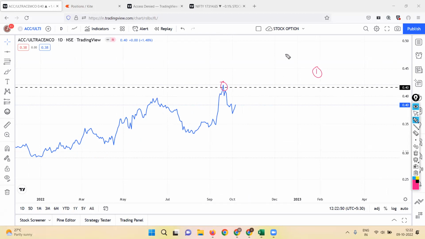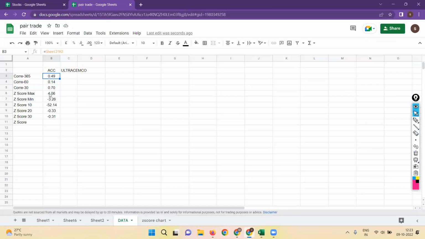First of all, we find the ratio and test the previous resistance and support. Second is the Z score, and third is the 60-day and 30-day correlation. If the 60-day and 1-month correlations continue, then it is a good pair.